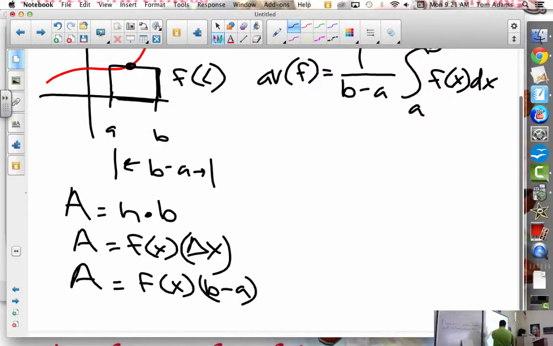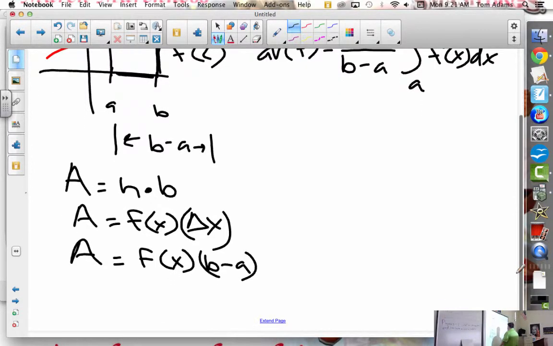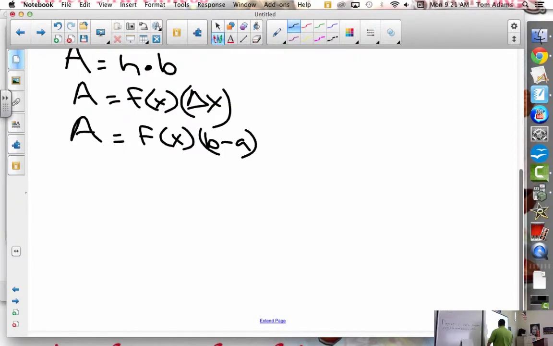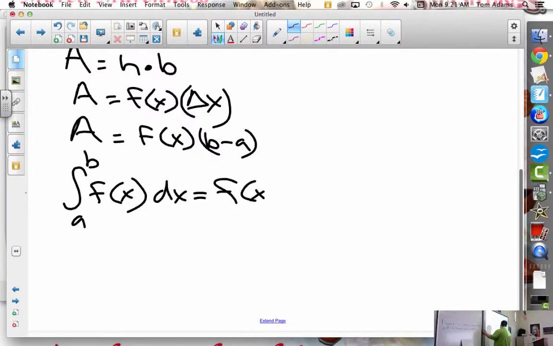Now here's where I'm trying to derive this in front of you kind of quickly. The area under the curve is the integral from a to b of f of x dx, right?